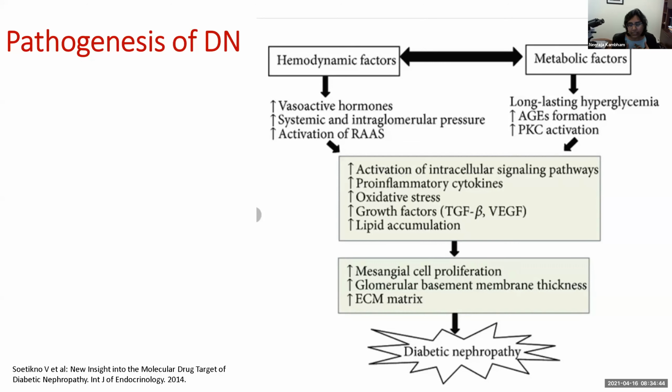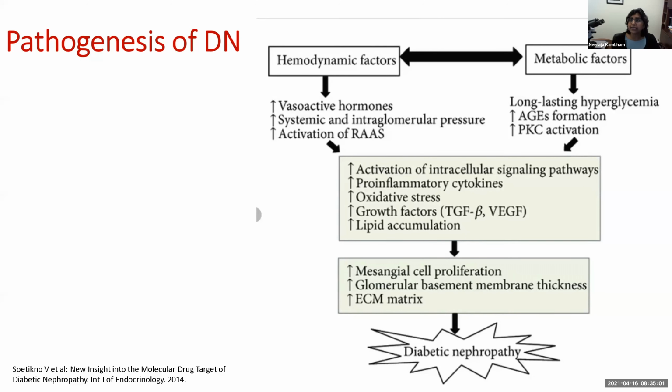And as a pathologist, we don't just look at the pathology and describe the lesions. We also have a lot of things overlaid while we look at the case: the clinical history, and also what we think about the pathogenesis of diabetic nephropathy.